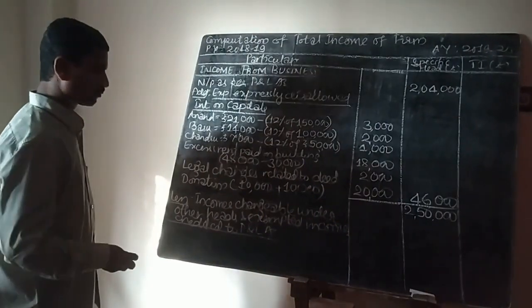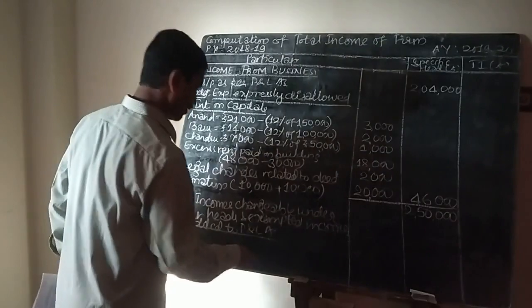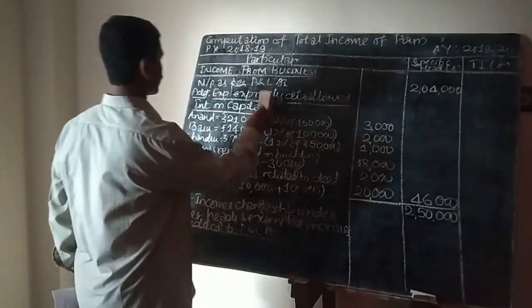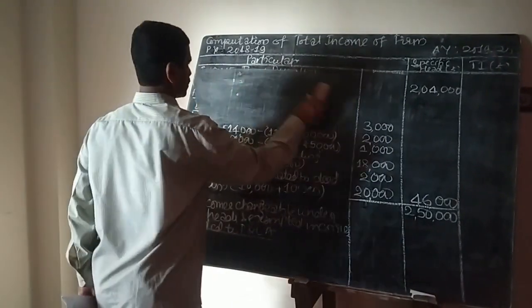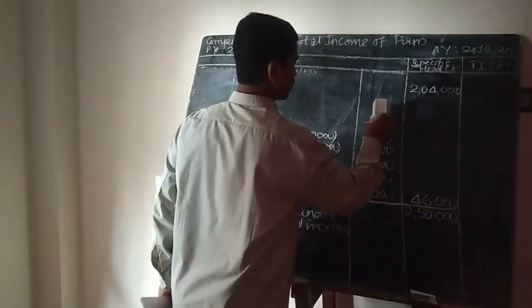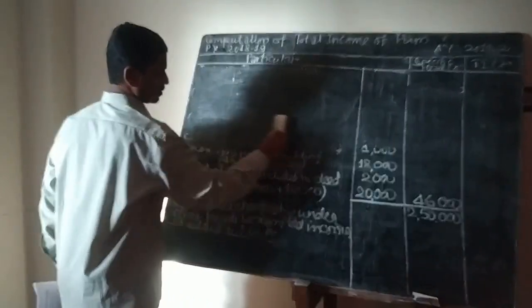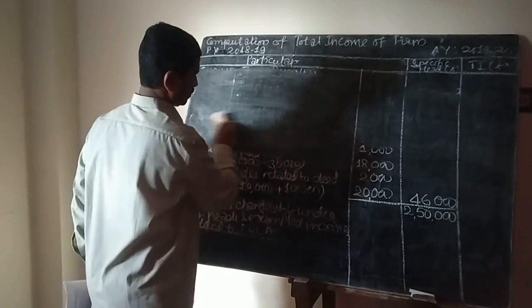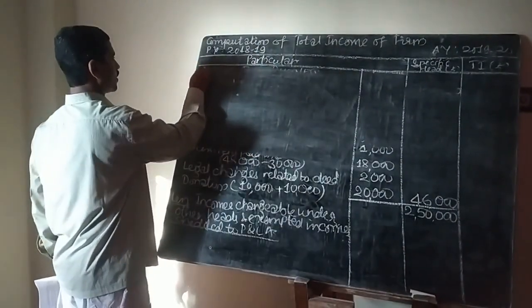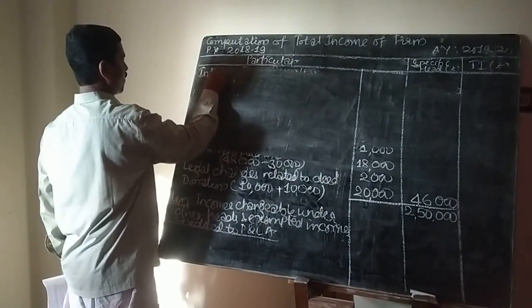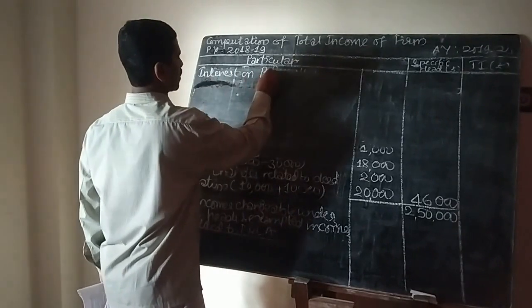One is income from interest on bank term deposits.